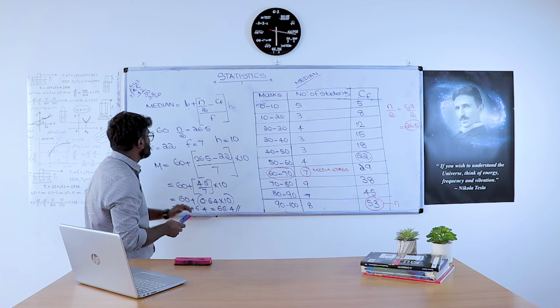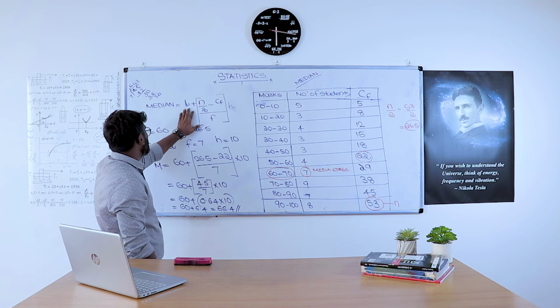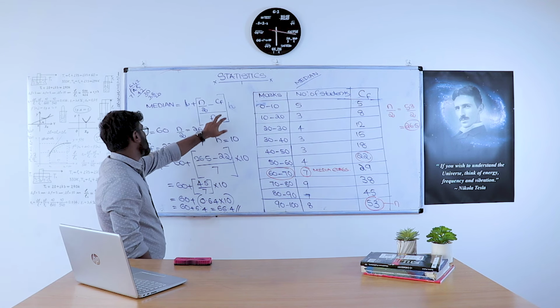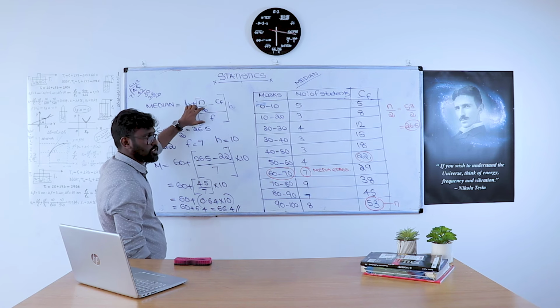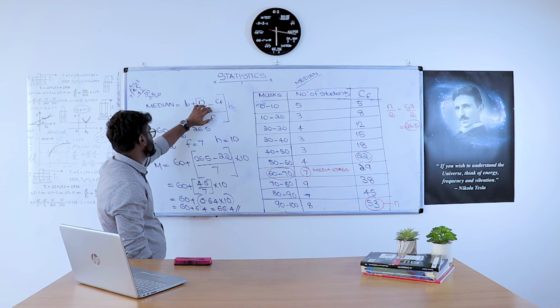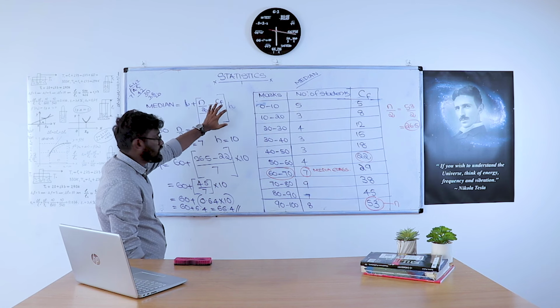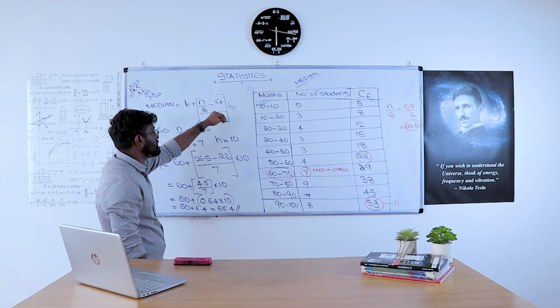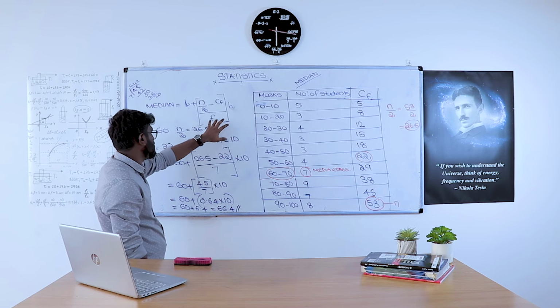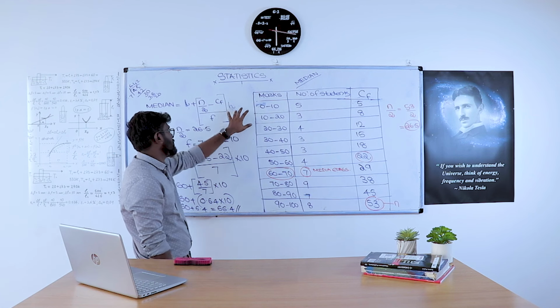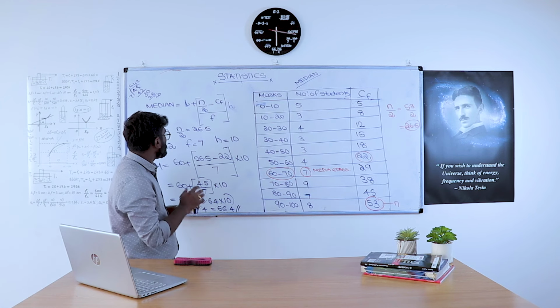How will you do that? The equation for median is L plus (n by 2 minus Cf) by f into h, where L is the median class lower limit, n by 2 is the final cumulative frequency by 2, Cf is the cumulative frequency of the preceding class, f is the frequency of the median class, and h is the class size.